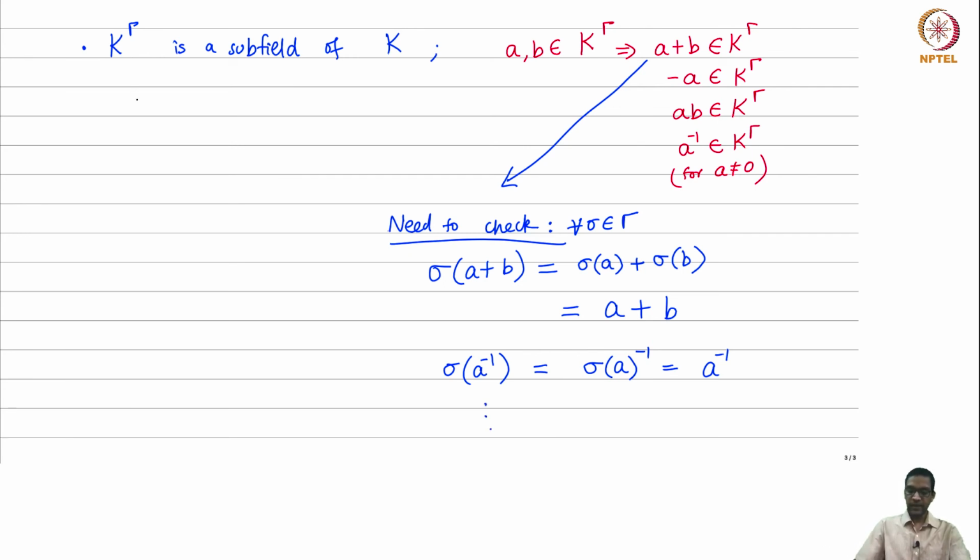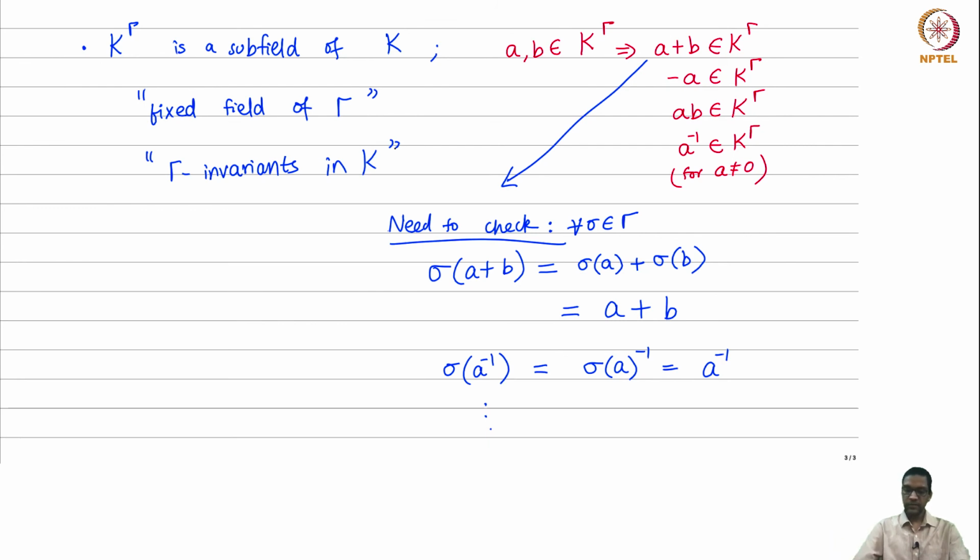So this is a subfield, and this is usually what's called the fixed field of Gamma. Okay, so this is called the fixed field of this subgroup Gamma, or sometimes called the field of Gamma invariants, the subfield of Gamma invariants. Okay, so you'll see all these terms used.